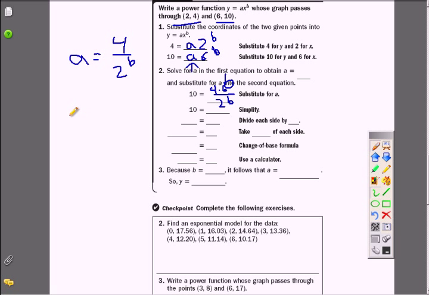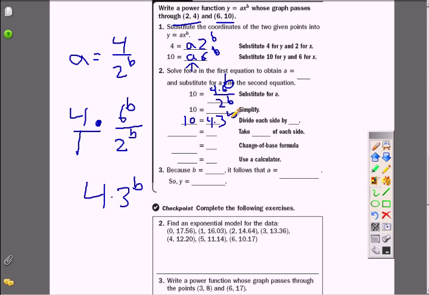If I break this fraction up to be 4 over 1 times 6 to the b over 2 to the b, because they're both to the same power, that becomes 4 times 3 to the b. So 10 equals 4 times 3 to the b, and if I divide each side by 4, then I get 2.5 equals 3 to the b power.